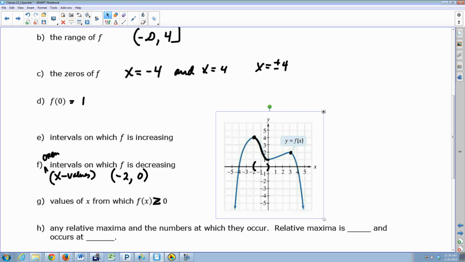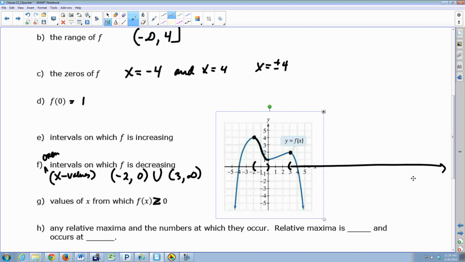And do I have any other decreasing? Well, we do have another high point, so anything that comes after 3 all the way out to infinity. And that's another place where you can make a mistake. You might be looking at the y outputs and call it negative infinity, but it's always over your x values. Then you put your union in between.